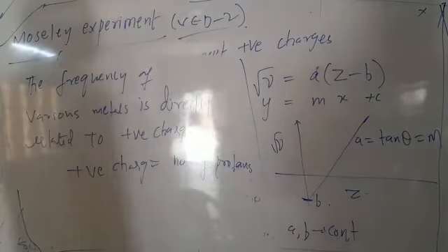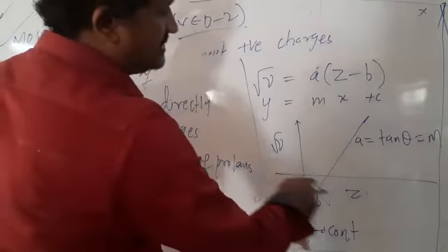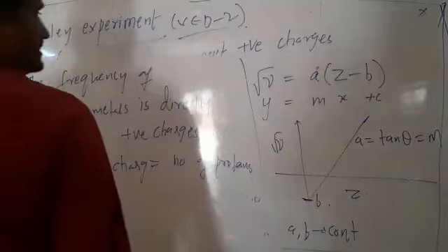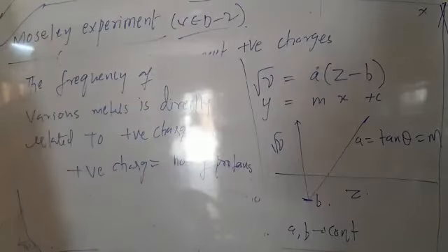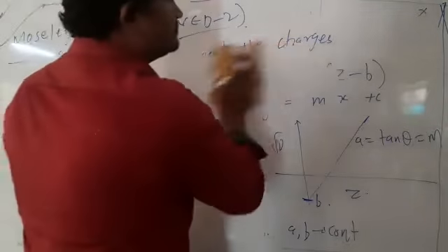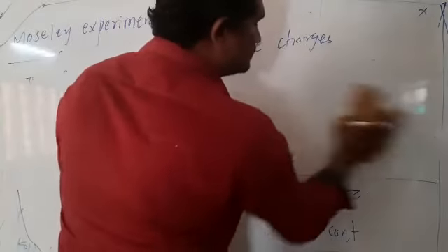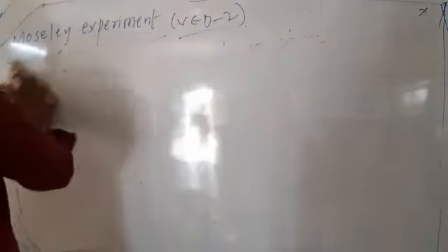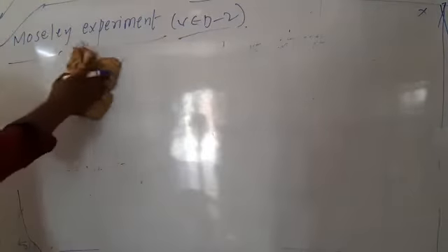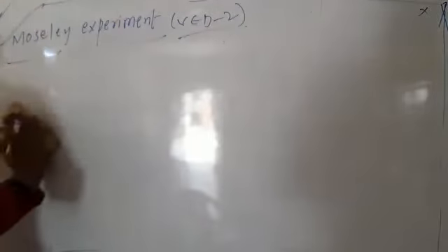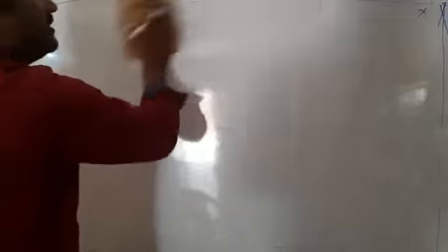As the frequency of the metal increases, the atomic number also increases. Based on this concept, he derived that as frequency increases, positive charges increase. Positive charges are nothing but the atomic number. This is given by Moseley's concept.